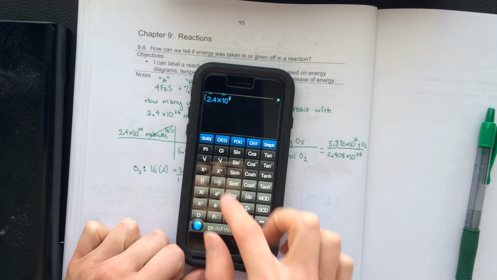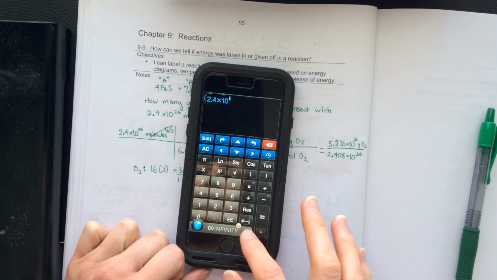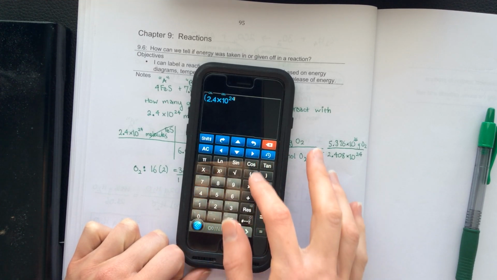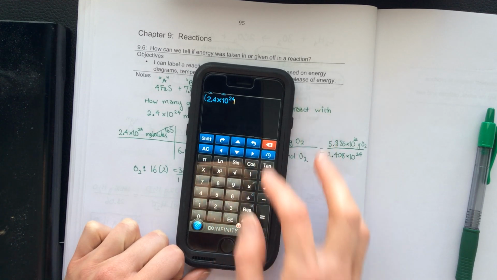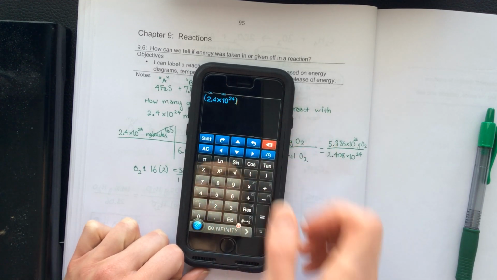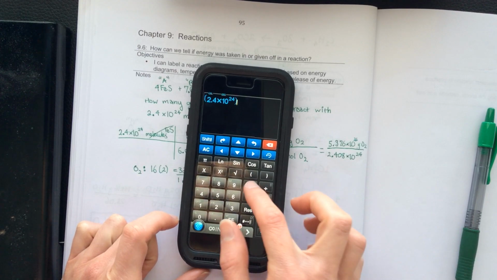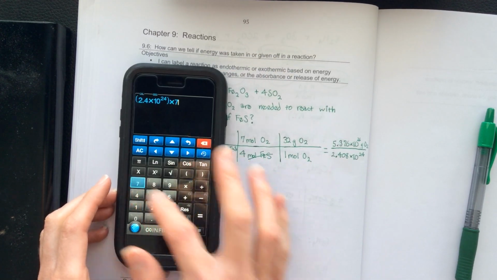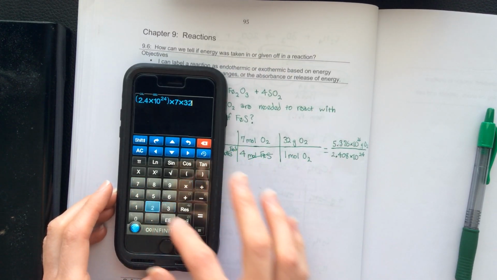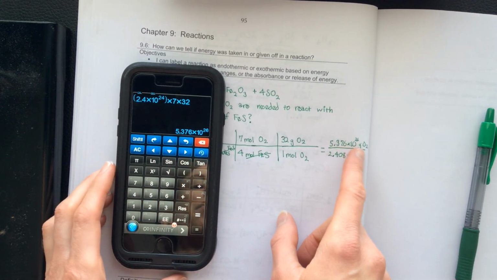So there's mine, and then you need to type 24, and then you usually need to get over so you can make your parentheses be a normal big size parentheses, and then do times 7 times 32, and you get that same number that we got.